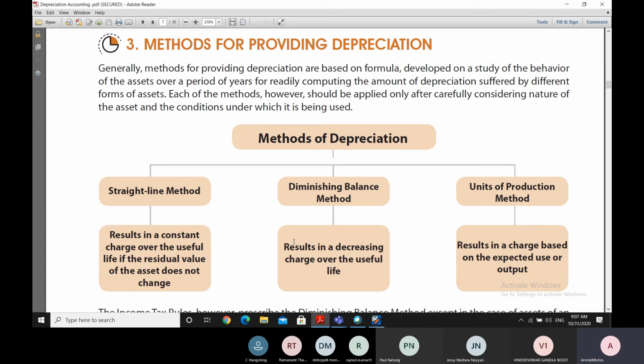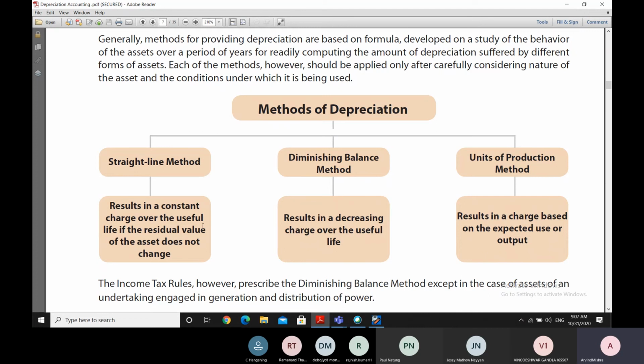Broadly speaking, there are three methods of calculating depreciation. First is the straight line method, which results in a constant or fixed depreciable amount every year over the useful life if the residual value does not change. Then there is the diminishing balance method, in which there is a decreasing charge over the useful life.